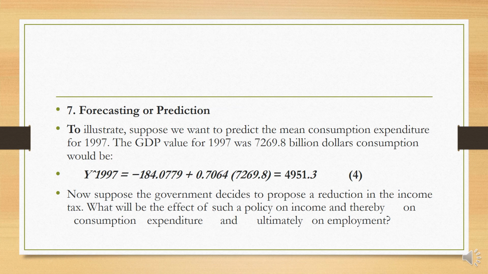Obviously, a tax cut increases income and increases consumption expenditure, and when consumption expenditure increases, more production is required, and for more production more employment is generated. Here is a positive impact on all the variables, a trickle down effect actually.